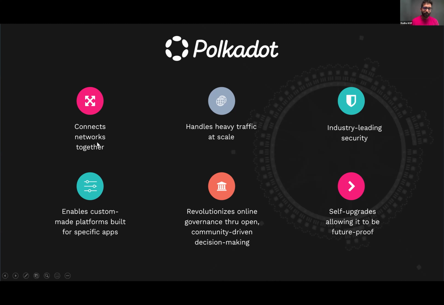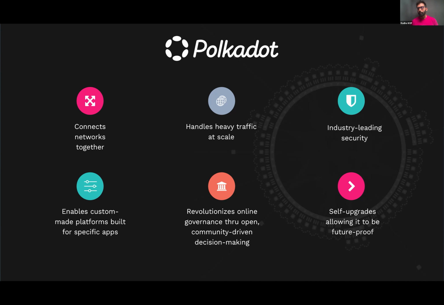Polkadot connects networks together. If you are a developer and you're planning to build a parachain on Polkadot, then you can be assured that you'll have access to other parachains as well. So Polkadot handles heavy traffic. So this involves a lot of optimizations. This is a topic up for debate across ecosystems: what do you consider as a transaction, right?